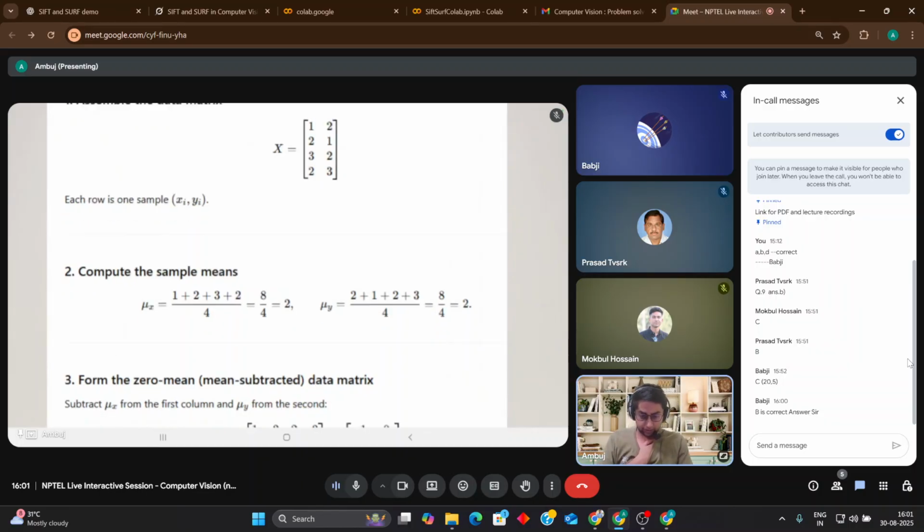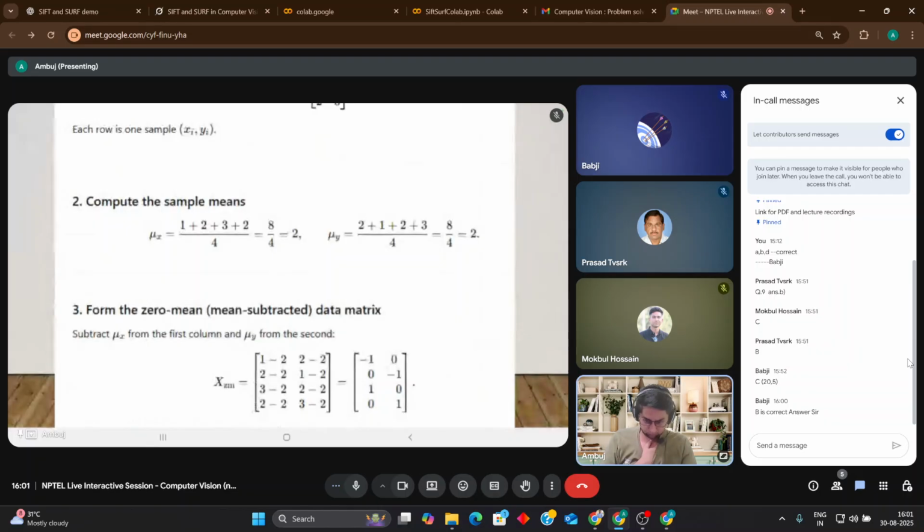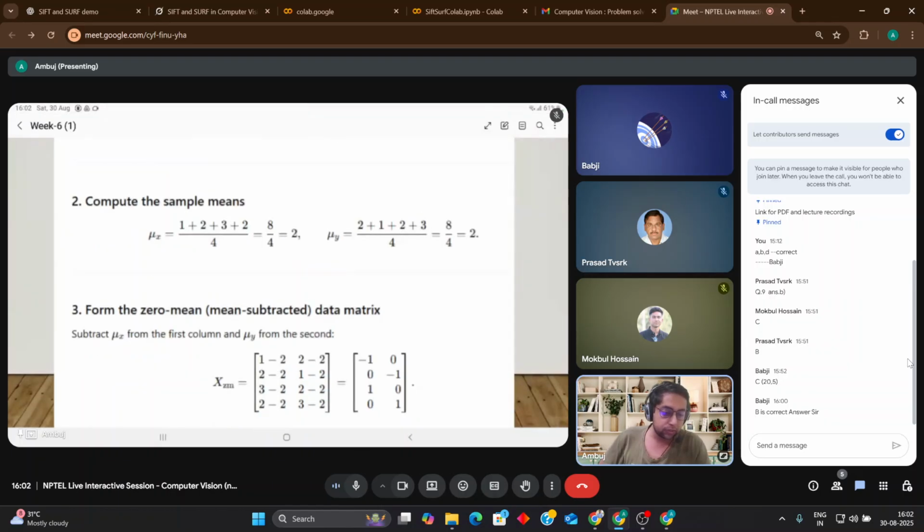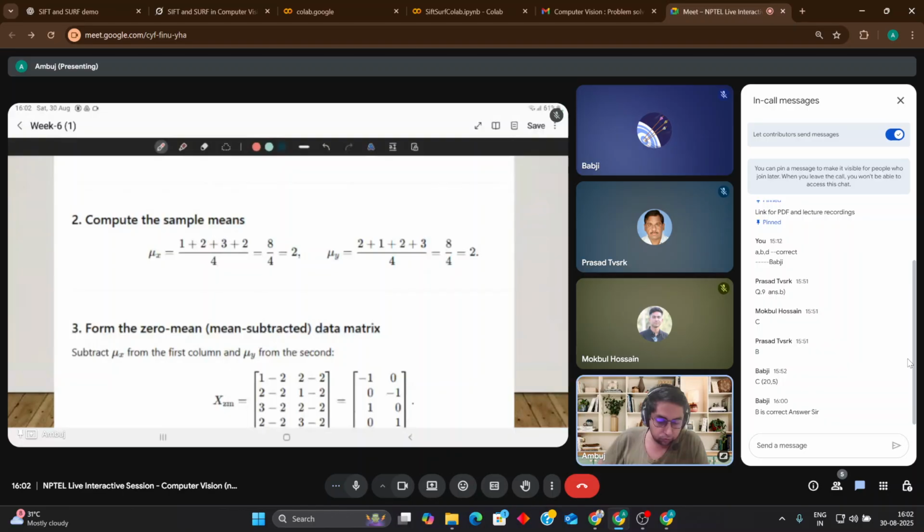Then you have to form the zero mean data matrix, meaning subtracting the mean from all the particular values. Form this in elemental format like this.